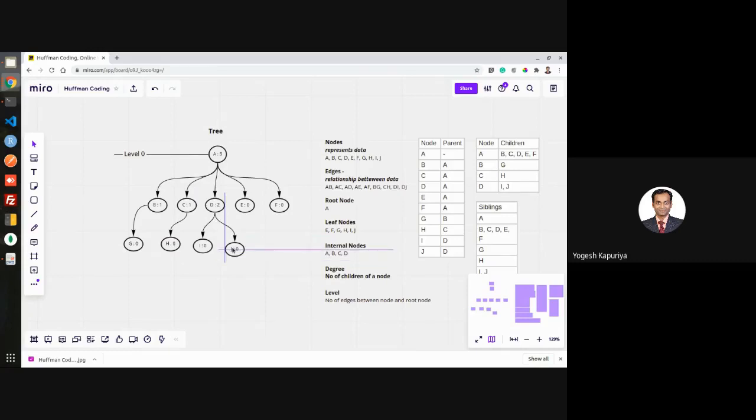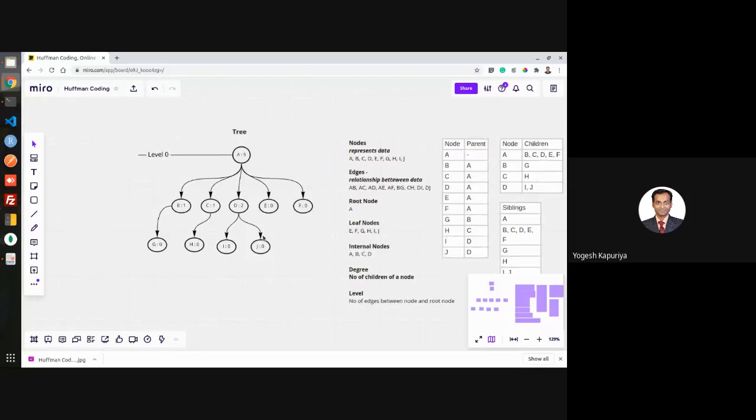However, no matter how it is arranged, you should count the number of edges towards the node. So this is at level 0.